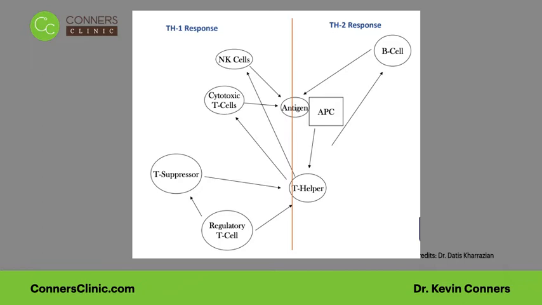The T helper cells upregulate the natural killer cells and the cytotoxic T cells so that they can fire a more prominent attack against this bad guy. But if this bad guy is a non-living thing, let's say mercury, then they can't kill it. Your T suppressor cells over on the left are trying to calm down the T helper cells. Your T regulator cells are trying to regulate and orchestrate this whole process.